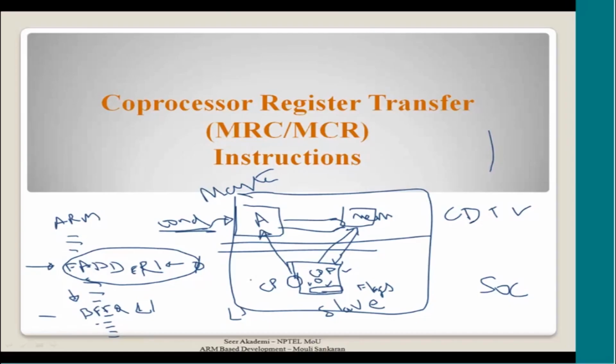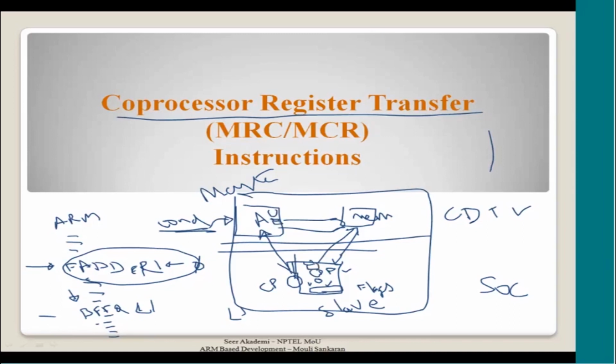So to provide this option, there is a way that we can transfer some information across the ARM and the coprocessor. This is the next set of instructions, called register transfer. ARM has some set of registers, and the coprocessor has some set of registers.